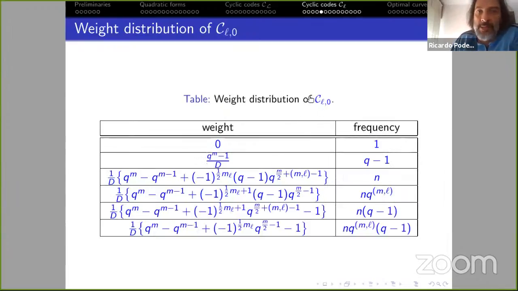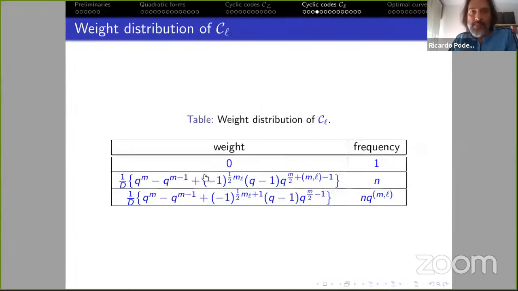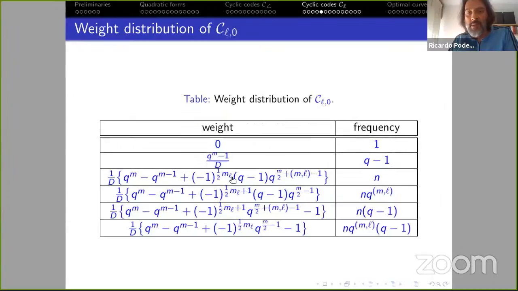For the weight distribution of CL0, we have more possible weights. This is a two-weight code. It has only two weights. This is 1 or minus 1, depending on the parity of M, L, but this is fixed. The same here, we have 5 possible weights because these quantities are non-zero.